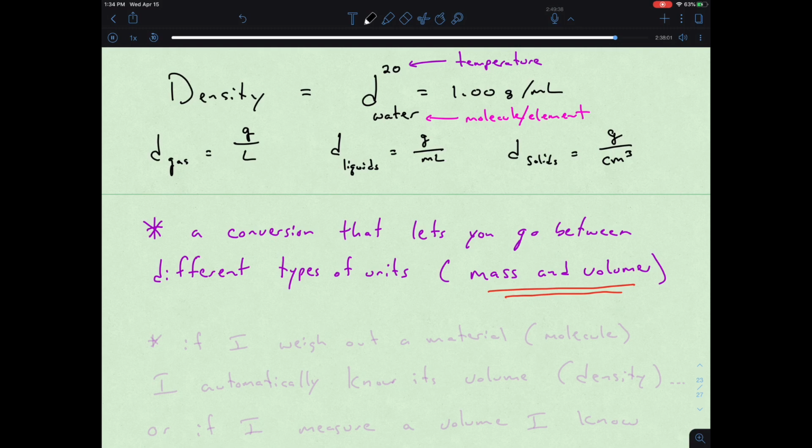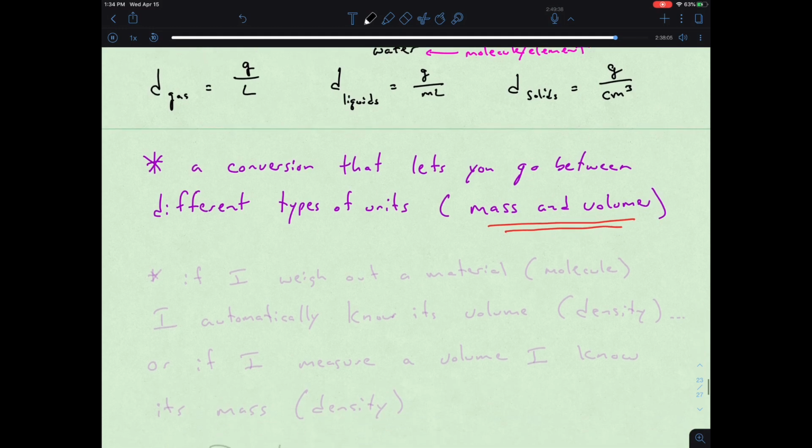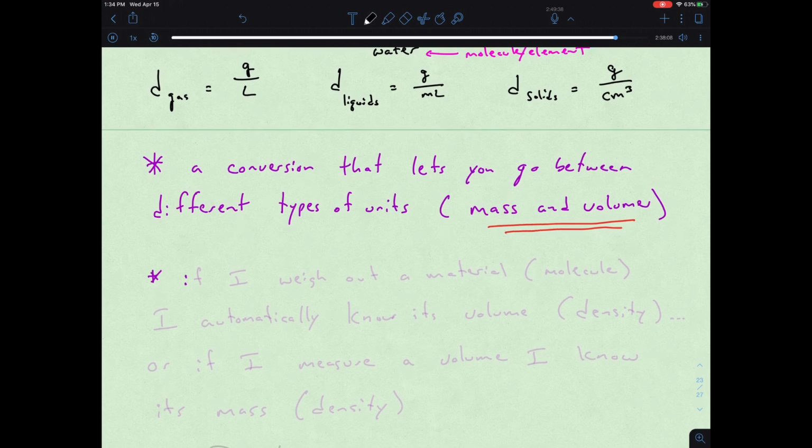So this is really advantageous to us because this basically means that if I weigh out a material, a molecule, right, I automatically know its volume with this idea of density.